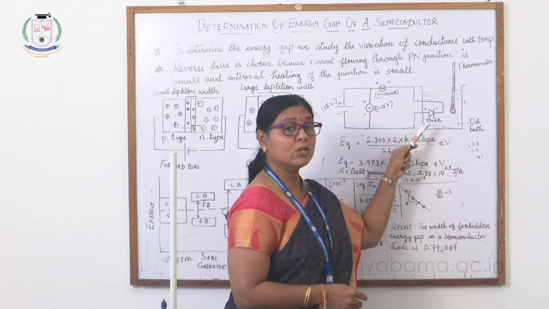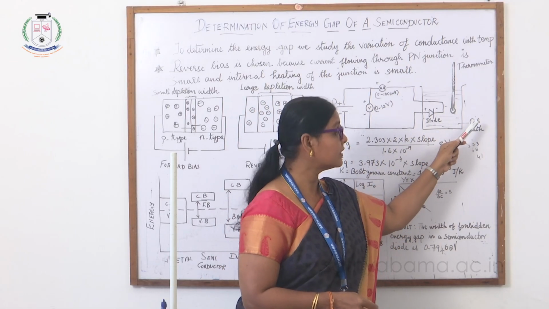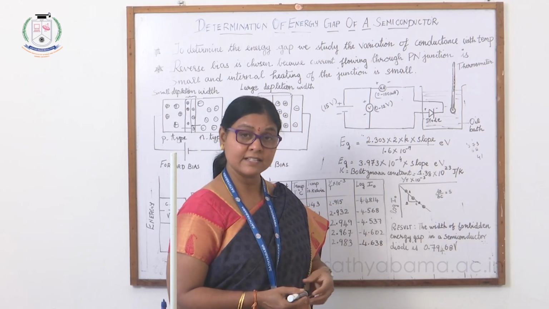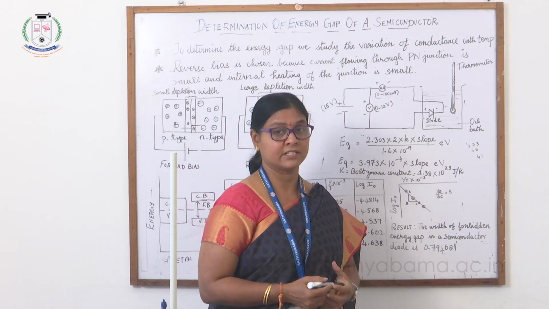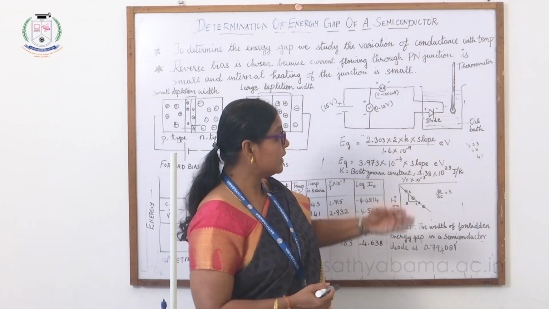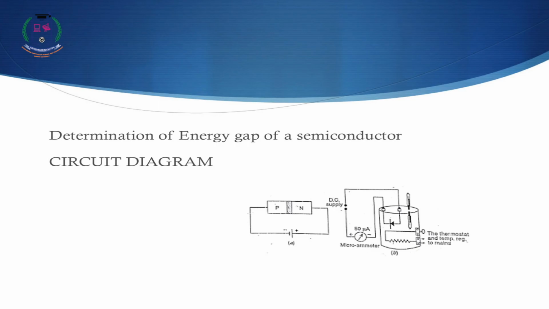The diode is also immersed in a liquid, rather an oil bath. The oil can be castor oil or glycerin, such that it can sustain the heat provided in the bath. And a thermometer is provided to note down the rise in temperature.